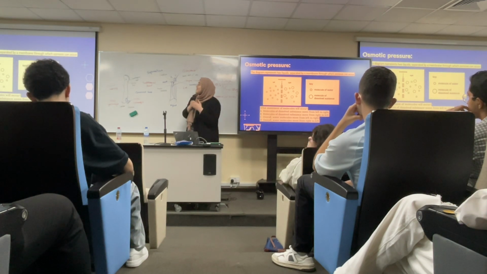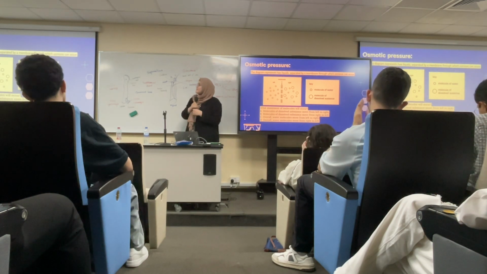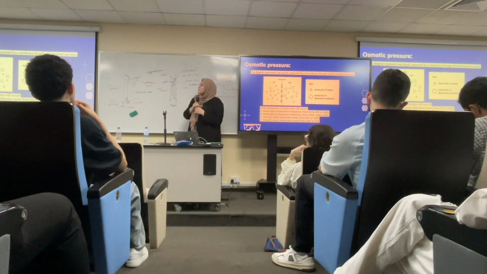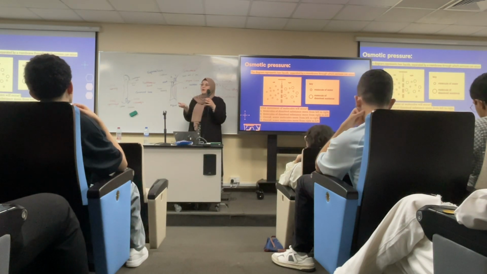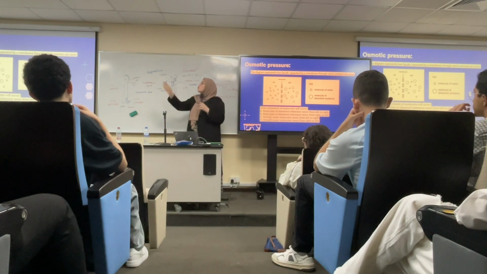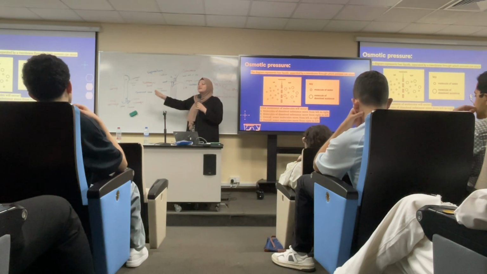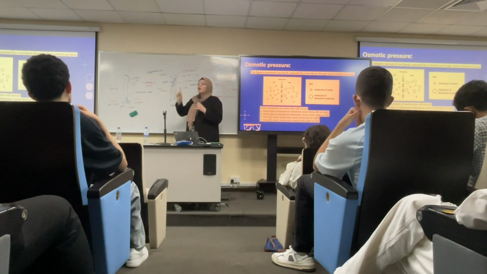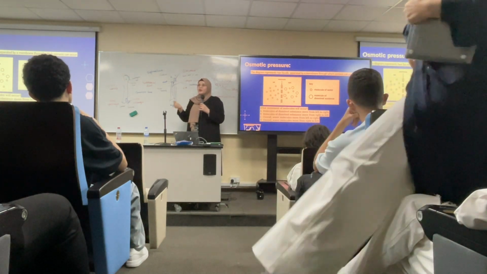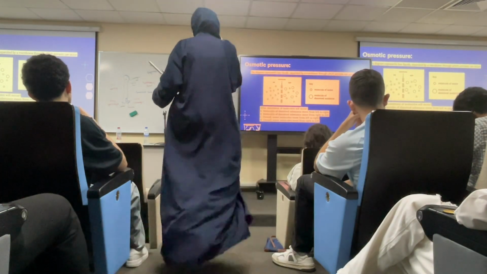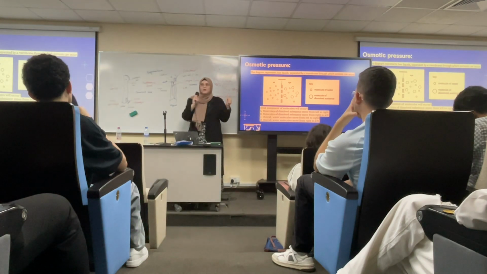Good job. Okay, so as you can see, there's a high solute concentration on the right, and in order to balance both concentrations on either side, the water is going to move to balance the solute concentration, okay? And only water can move, right? Because it's a semi-permeable membrane. It doesn't allow large molecules, for example sugar molecules, to pass. Is that clear, everyone? Okay?